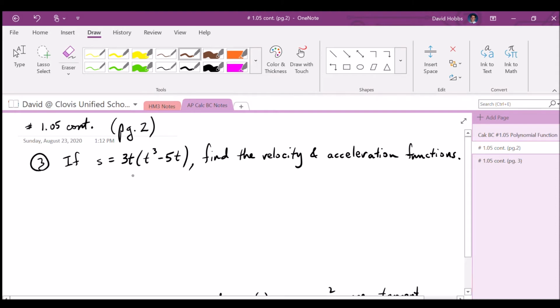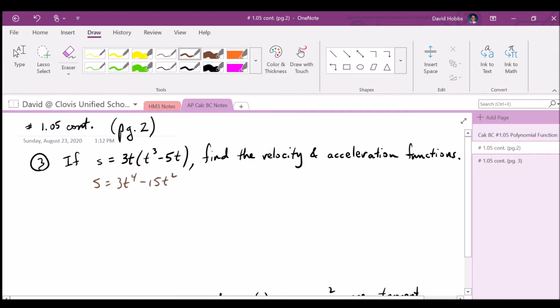Remember, velocity is the derivative of the position function and acceleration is the derivative of the velocity. So velocity is the first derivative and acceleration is the second derivative. But sometimes we need to do some algebra first. So 3t to the fourth minus 15t squared.